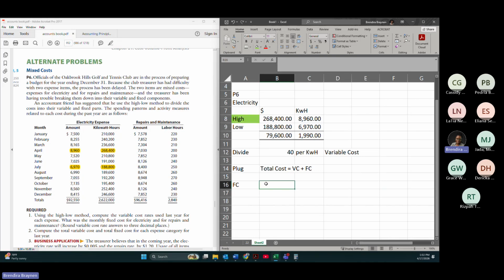So 268,400 equals my variable cost, 40 per kilowatt hour, times the number of kilowatt hours for the high, 8,960, plus fixed cost.